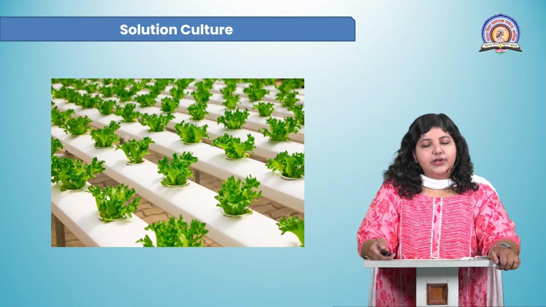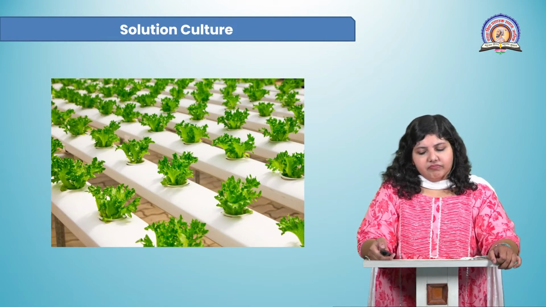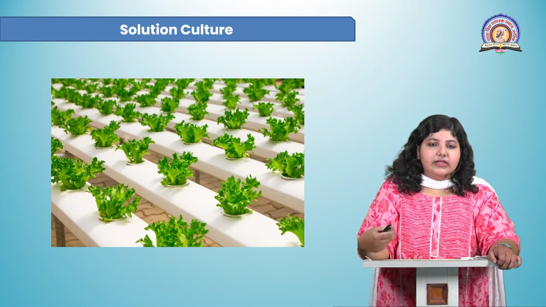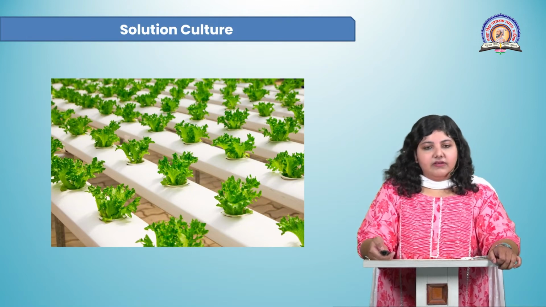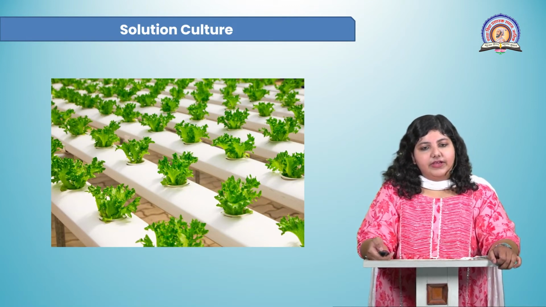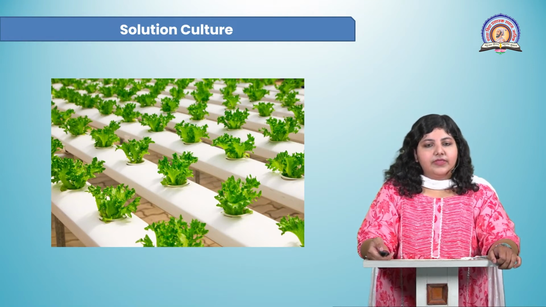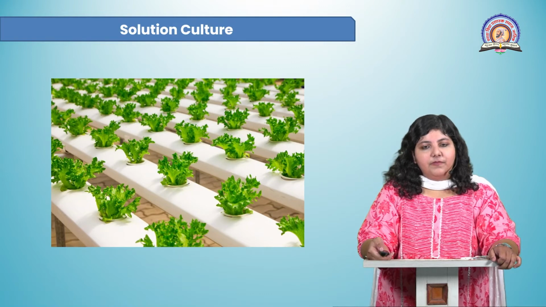In this method, nutrient containing water is supplied in tanks, and the plants are grown in it. The different types of nutrients required for growth and development are continuously supplied in these drainage pipes or tanks, and the plants can be grown here. You can see in this figure. This method is quite popular nowadays for the cultivation of different types of crops.